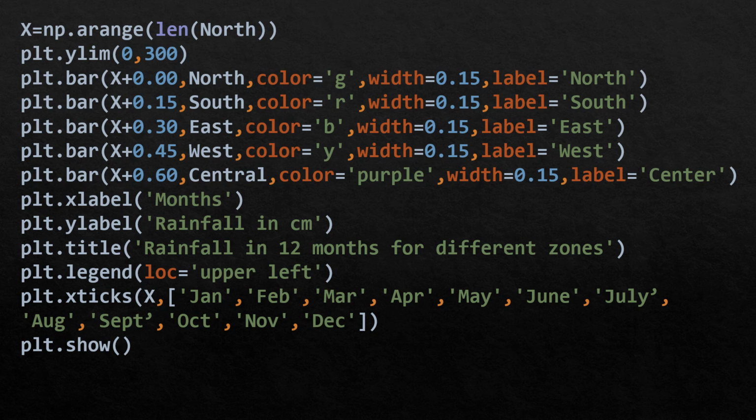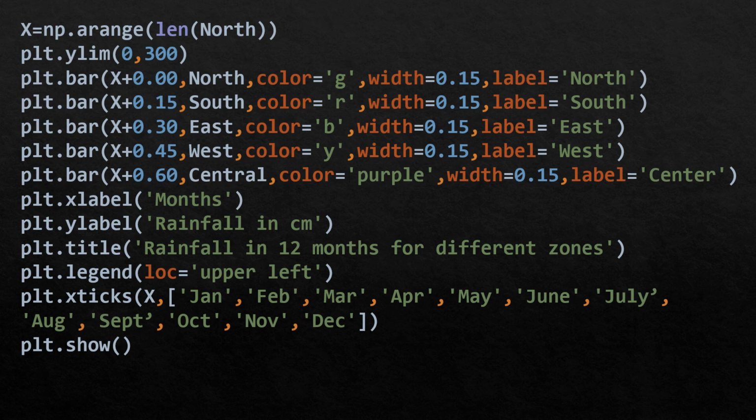Then we have to draw all the bar charts. Let's say the first bar chart is plt.bar. Here we have taken the x-axis value as x plus 0.00 and the y-axis value is north. That means it will take the values from the north list, which we have already mentioned in a previous part of the program. That means it will take the rainfall values for that zone starting from the month of January.